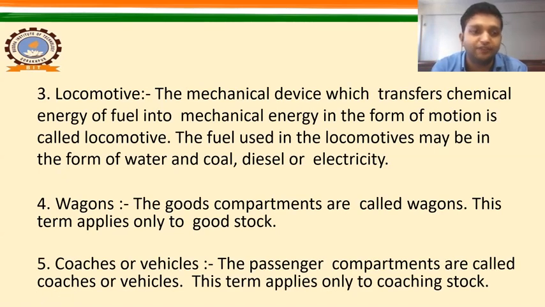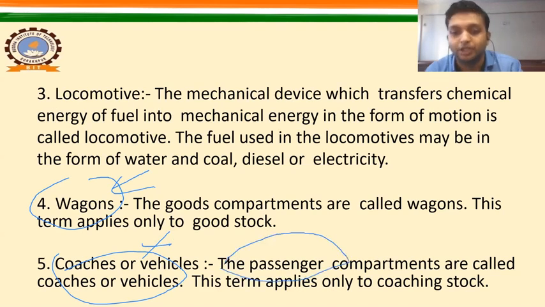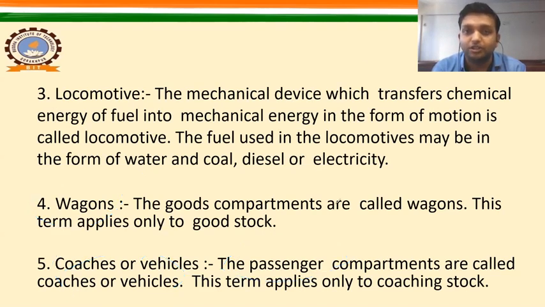So no need to confuse between these two terms, wagons and coaches. The wagons are for goods, and the coaches and vehicles are for passengers. So for whom has it been made? The passengers.